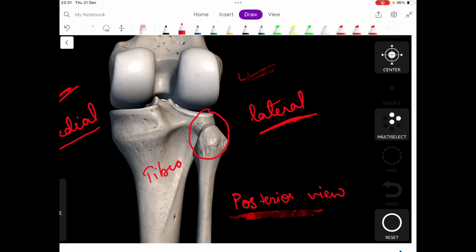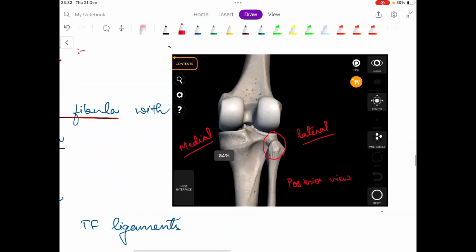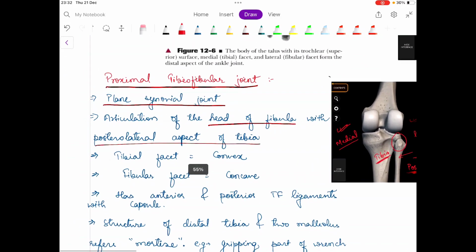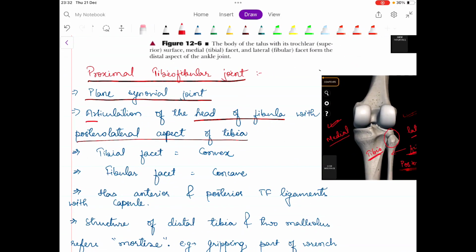this is your tibia bone, all right. This is your tibia bone and this one is your fibula. Okay, so if you see here, in the posterolateral side there is the articulation between the tibia and the fibula. Okay, so that's what I have written here. So it is the articulation between the head of the fibula with the posterolateral aspect of the tibia, which we have already seen just now.